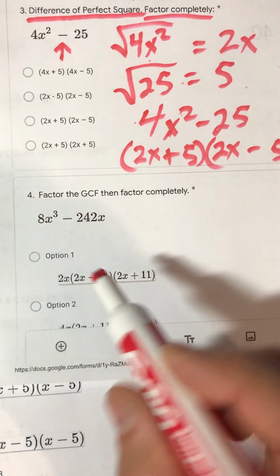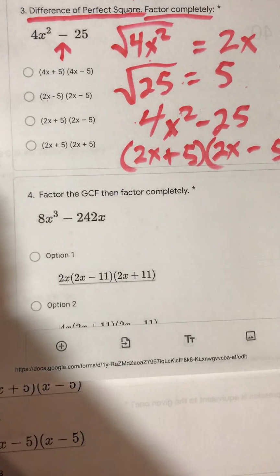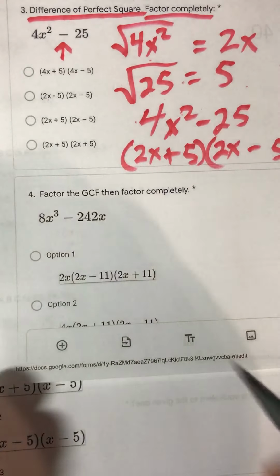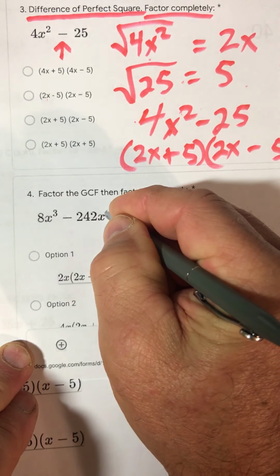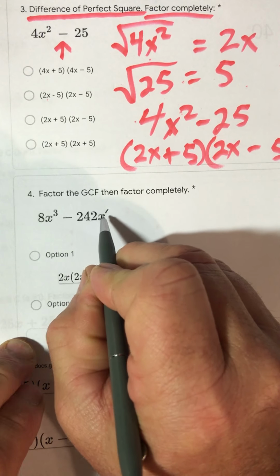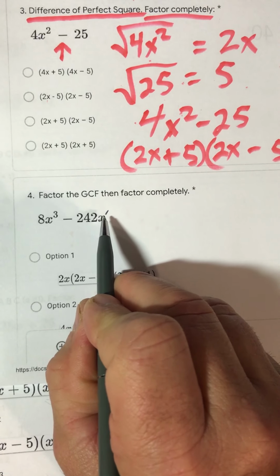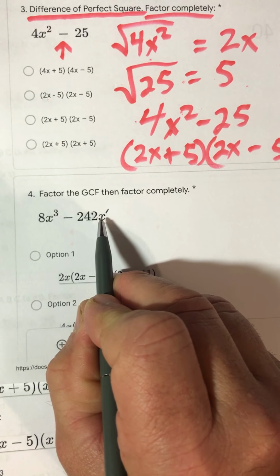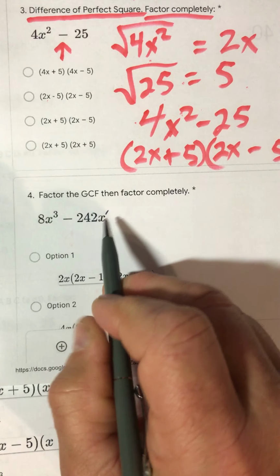So what you want to see is that there is the variable x in both terms. So when you're missing an exponent, it's automatically x to the 1. So that is going to be our GCF here. Okay?